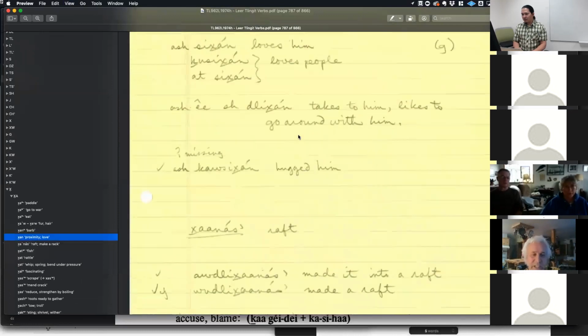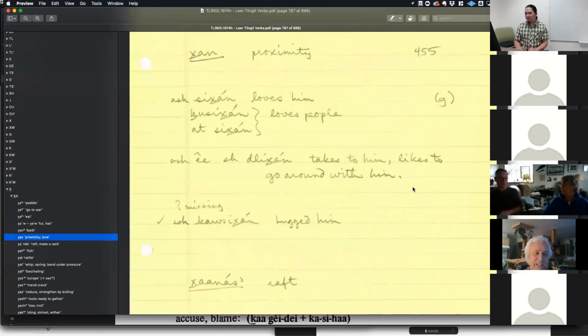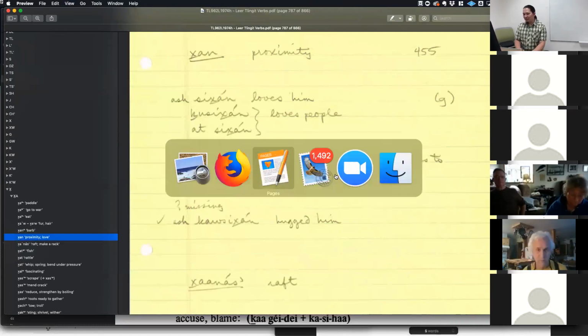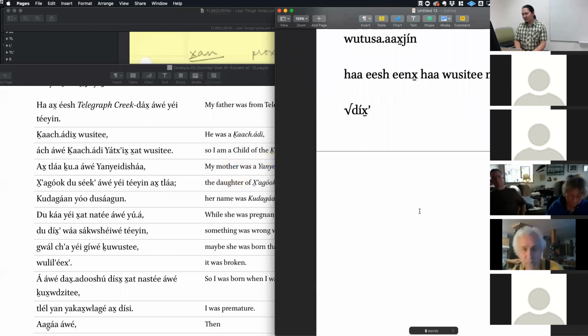We can just cheat and spell it different and go ach ish. Oh yeah, well, ach ish I shklechan. Yeah, so it likes to go around with him. It's probably a g state verb, I would guess. But we would have to take this shklechan verb and try it out with the speaker.